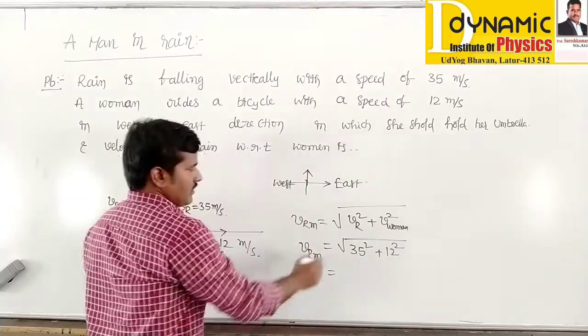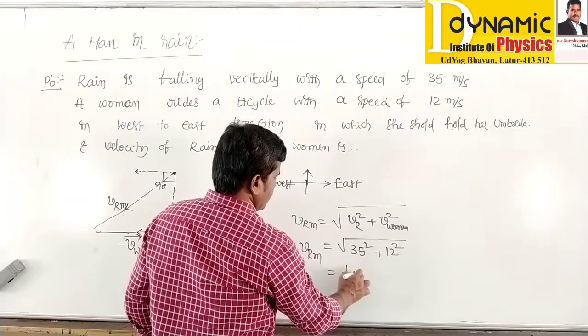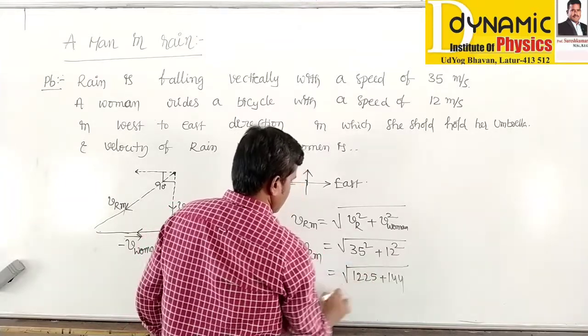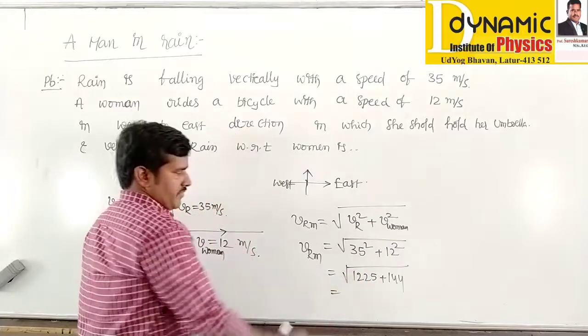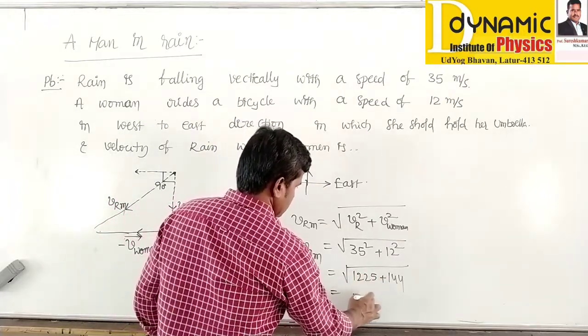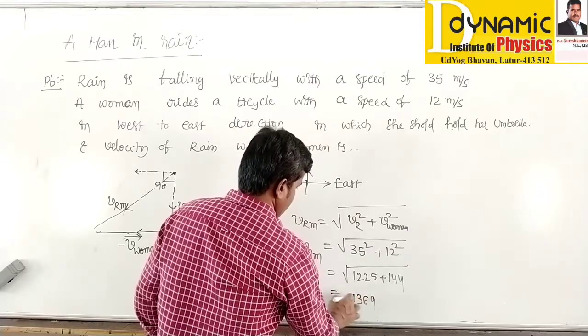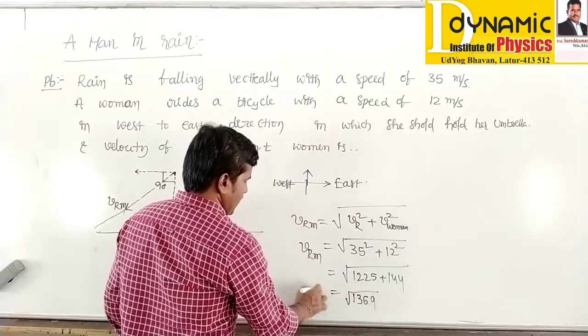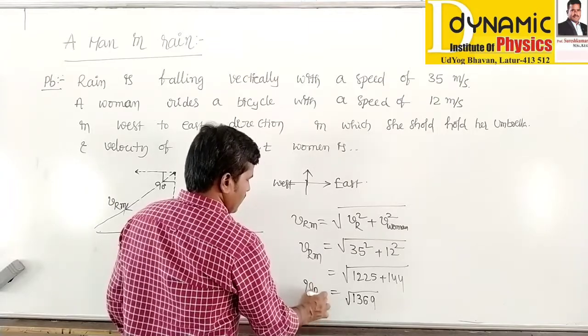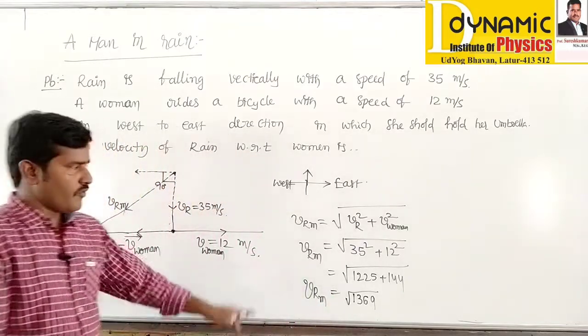VRM is 1225 plus 144, which becomes 1369. So the velocity of rain with respect to woman is the square root of 1369.